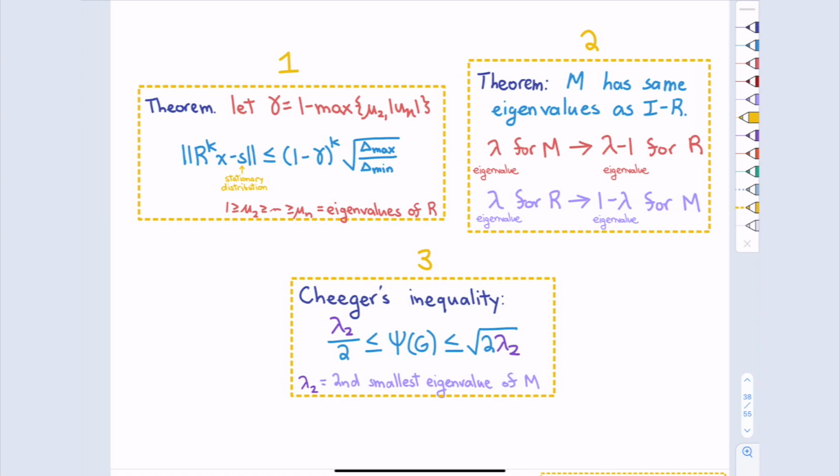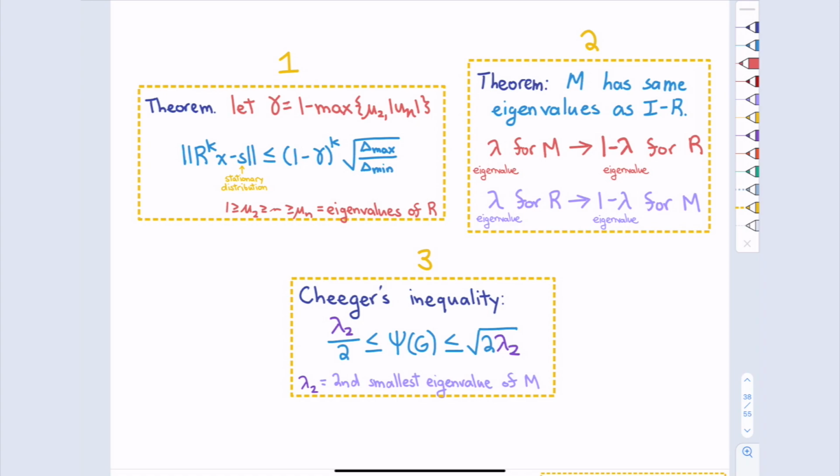Step 2, we have this mapping between the eigenvalues of M and the eigenvalues of I minus R, which has been corrected. And in step 3, we have Cheeger's inequality, which relates the conductance of the graph to the eigenvalues of M.